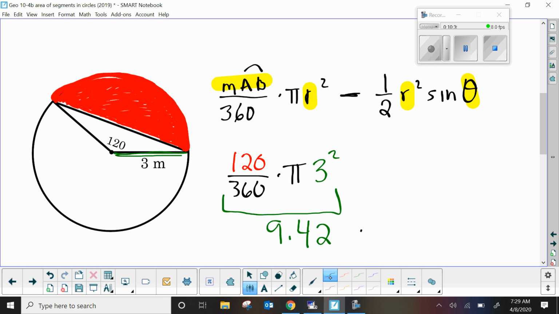Now I'm going to subtract this part. So let me fill in what I know. 1/2. I already know that the radius is 3, so 3 squared times sine of theta, and theta is 120.